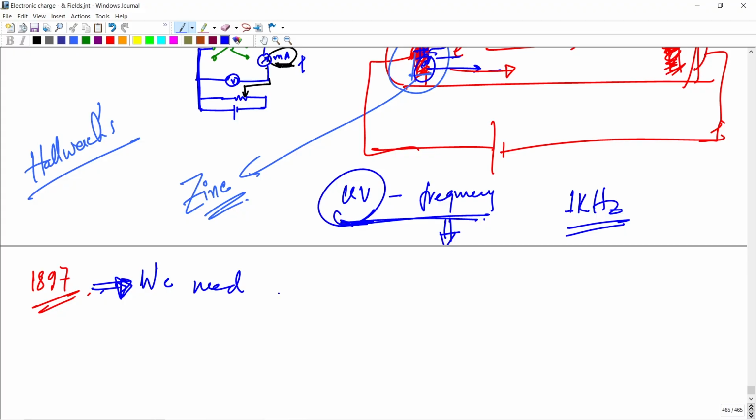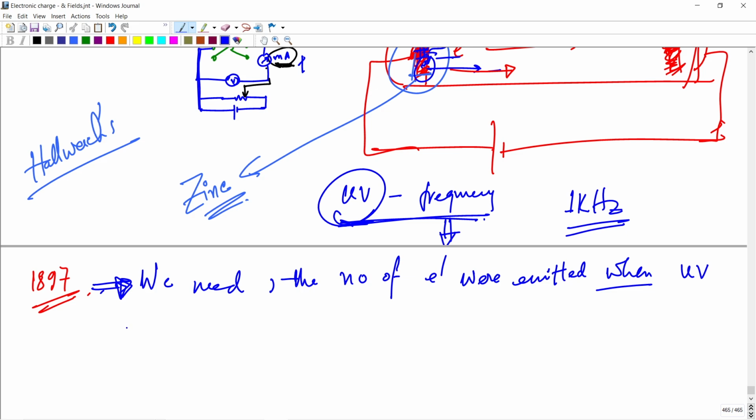The number of electrons are emitted when the UV ray has more than some fixed value.